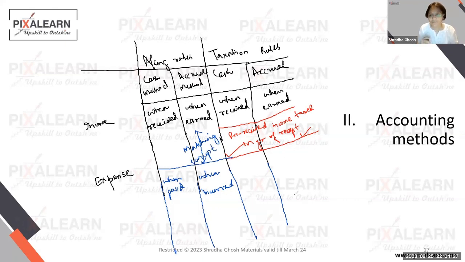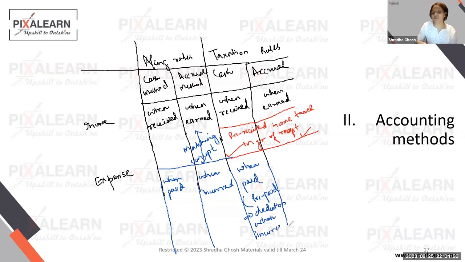But in taxation, the rules are slightly different. Here, cash basis is still when paid. That is true. But we again say if there is a prepaid, if somebody wants to avoid taxes by paying off all the money in advance, I am going to give you a deduction when incurred.